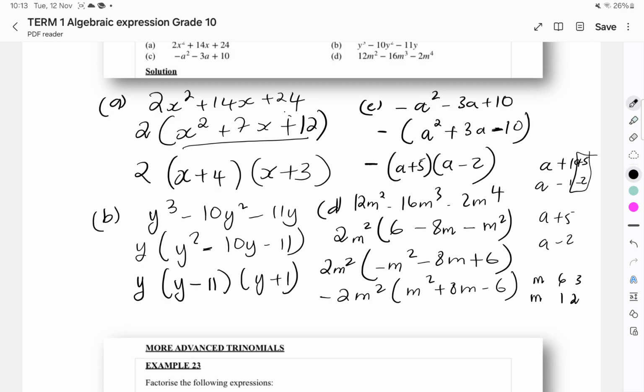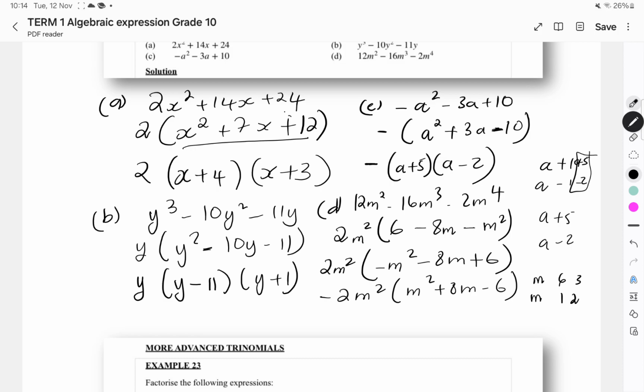So I took 2m squared as a common factor. 12 divided by 2 is 6, that is fine. 16 divided by 2 is 8.